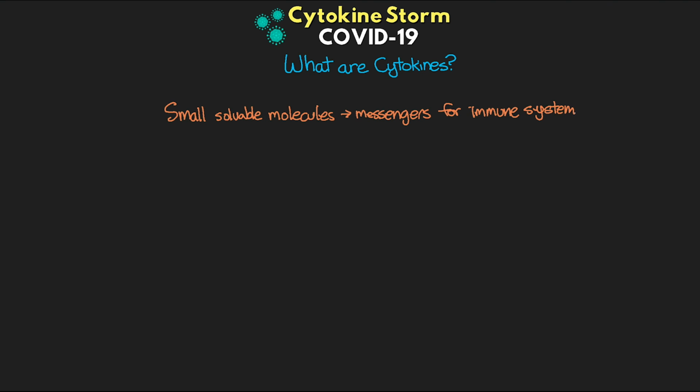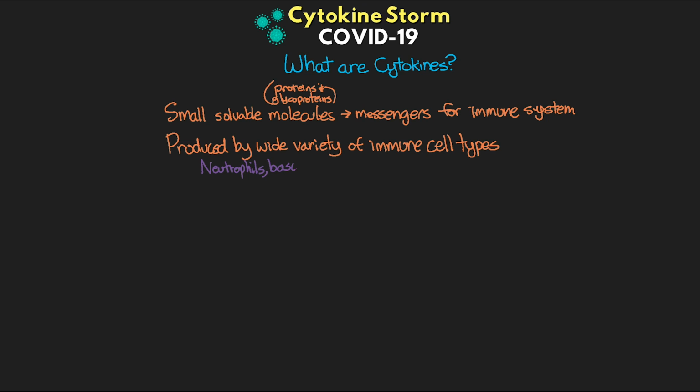We can think of these as hormone-like in the sense that they're signaling molecules, and they consist of various proteins and glycoproteins. Now, they're produced by a wide variety of immune cell types, and here think about your neutrophils, basophils, eosinophils, mast cells, dendritic cells, monocytes, macrophages, B cells, and T cells, all the different leukocytes and lymphocytes of the immune system.